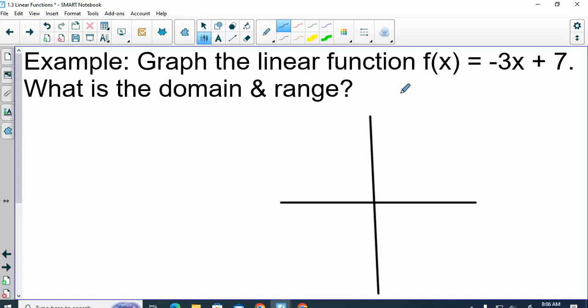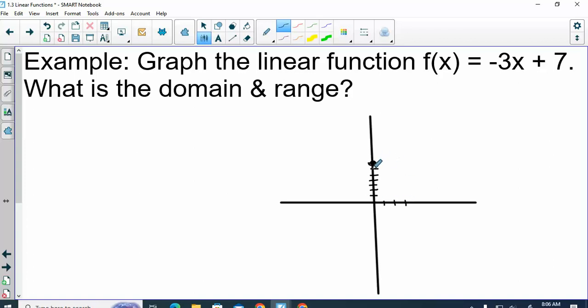Start off at 7 on the y-axis. We go up to 7. Okay, when you are drawing them on your own, try to space it somewhat evenly. So we go up 7, and then my slope is negative 3.